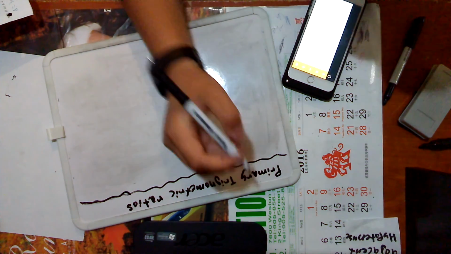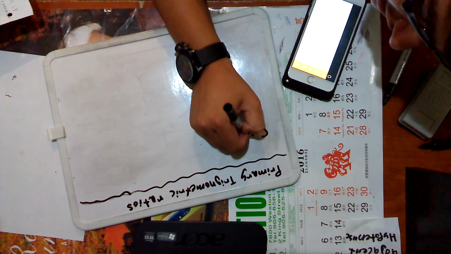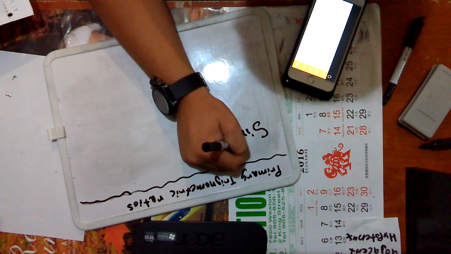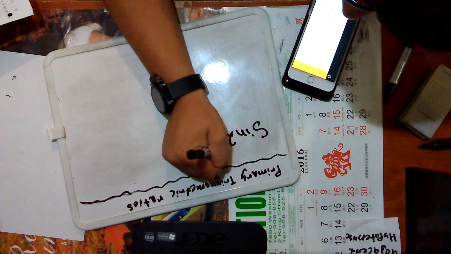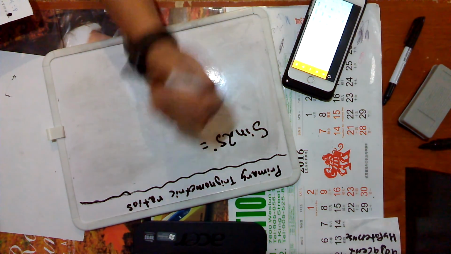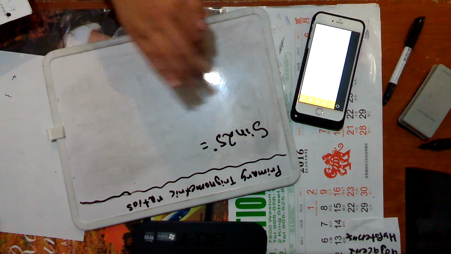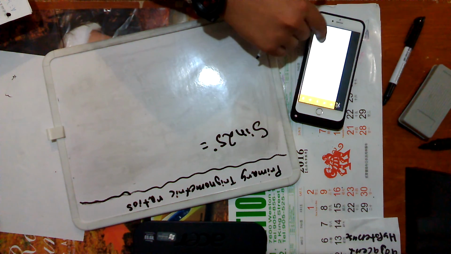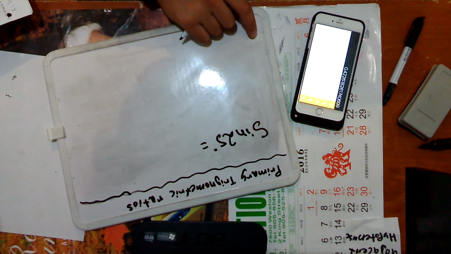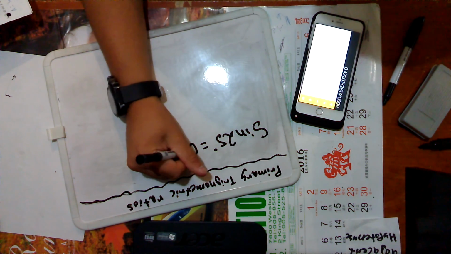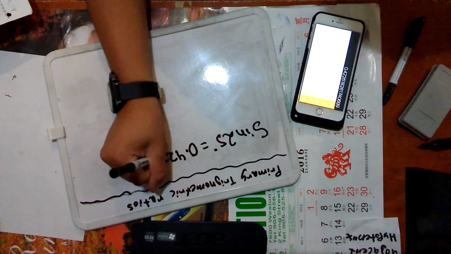Let's use this example from my notes: sine of 25 degrees. Going to our scientific calculator, we do 25 sine. It should give us 0.4226.